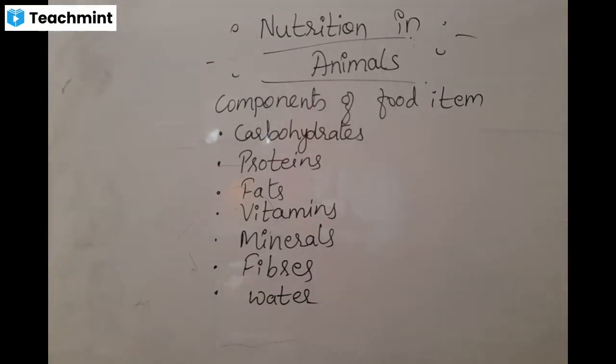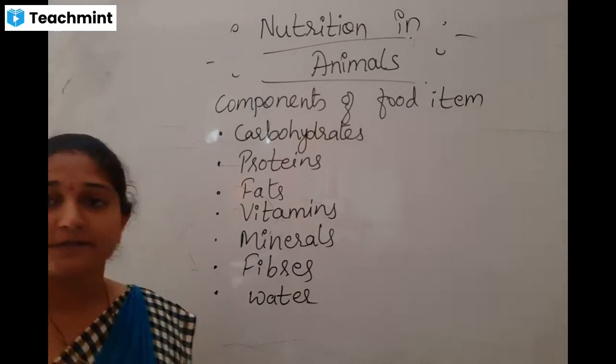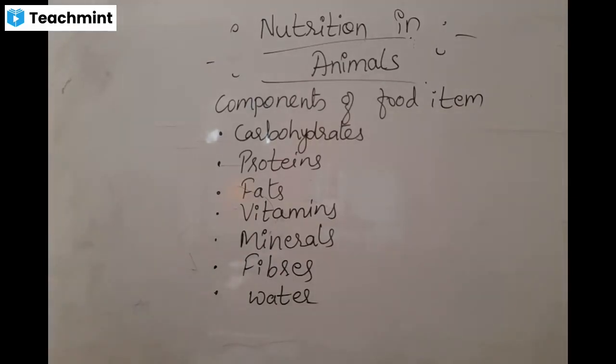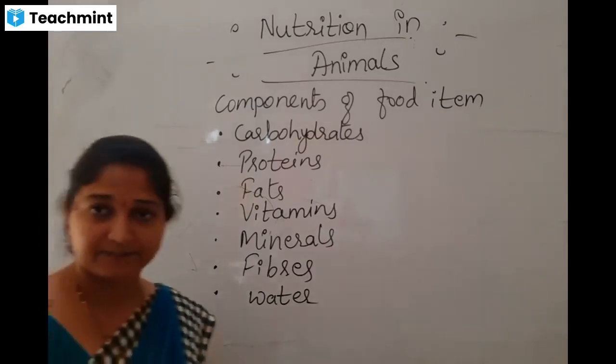But here, animal nutrition includes nutrient requirement, mode of intake of food, and its utilization in the body. Here we study how animals take the food, what the mode of intake of food is, and what the utilization of the food eaten is.